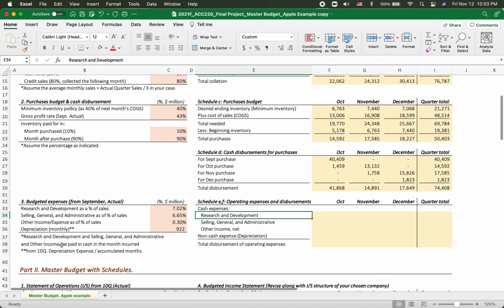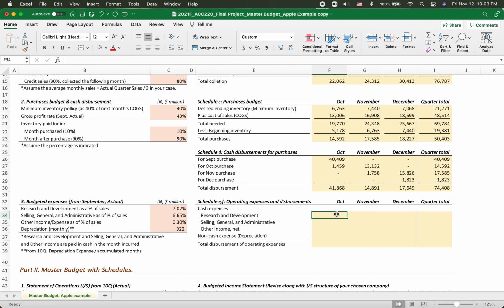So we have an assumption here: all the expenses and depreciation are not actual payment, but we will extract this depreciation from the expenses, so that we get the disbursement from operating expenses. All the expenses are incurred in the right month, right? So how do you calculate it?